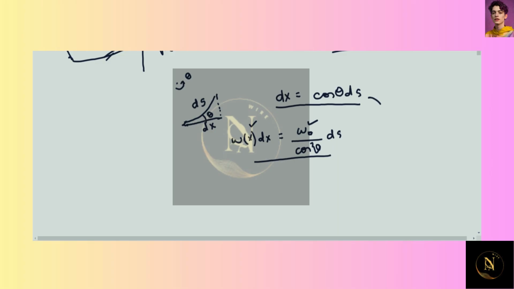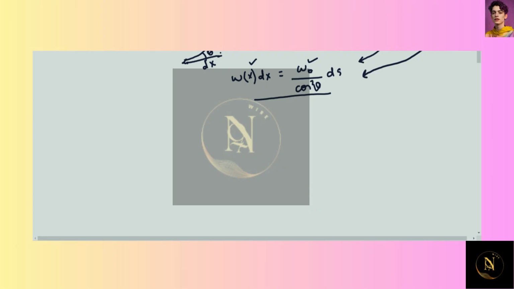Okay. Now let's substitute this equation into this. From here, ds is nothing but dx over cos theta. Substituting this into this equation, we get Wx dx is equal to W naught over cos square theta, and ds is dx over cos theta.